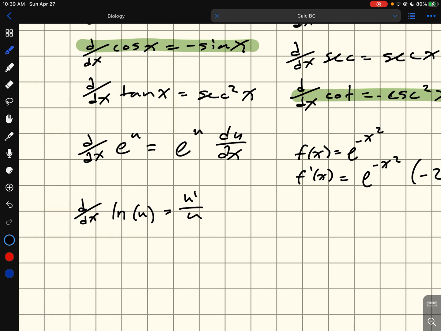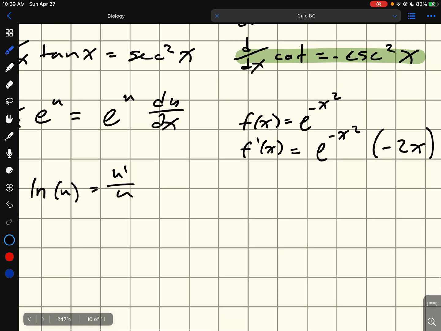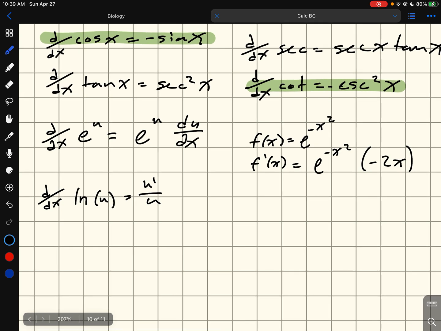Okay? So if it was just an x, this u prime is like du dx. So if it was just an x, it would be like dx dx, which is also just 1. So again, not very all-encompassing, so that's why I'm showing you the version with u's.